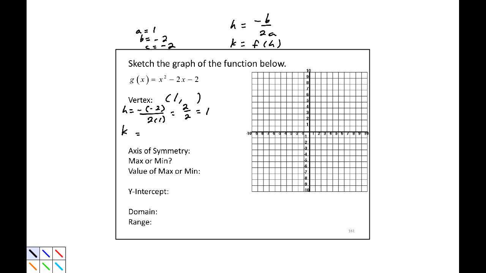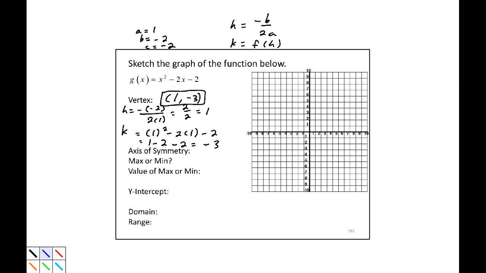So k equals 1 squared minus 2 times 1 minus 2, which is 1 minus 2 minus 2. That would be negative 3. So our vertex is the point 1, negative 3.